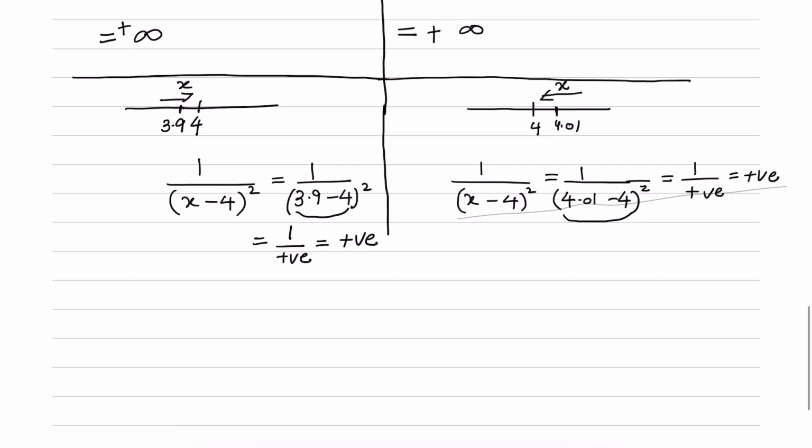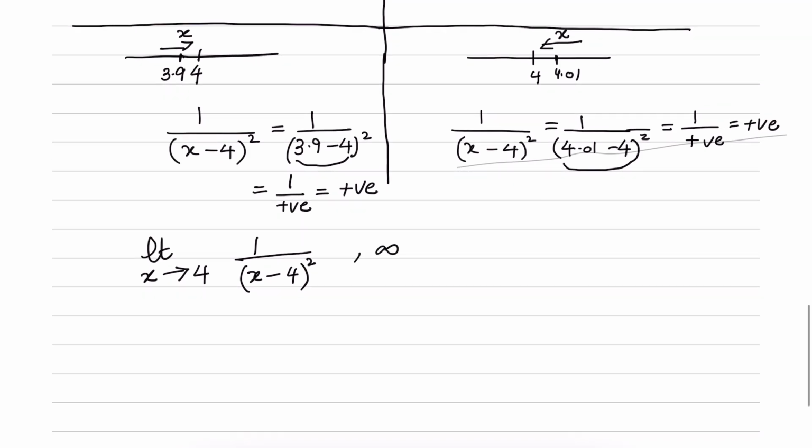So in this problem, when we had to find the limit as x was approaching 4 for the function 1 over (x minus 4) whole square, when we plugged in 4, we got the answer infinity. Whenever you get the answer infinity or minus infinity by directly plugging in the number, you have to split your question into two parts. You have to find the left hand limit and the right hand limit.